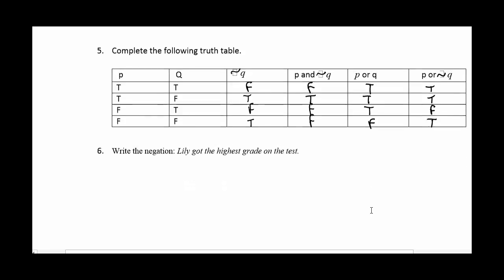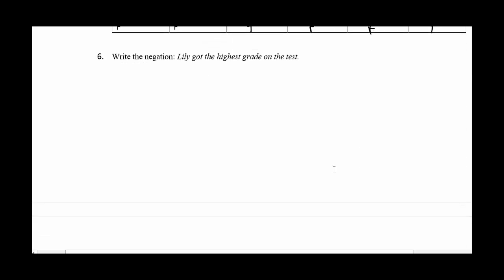Number 6, write the negation. Lily got the highest grade on the test. Okay, with the negation, you just want to be very careful about how you negate that. It's very easy to make the opposite of other things.